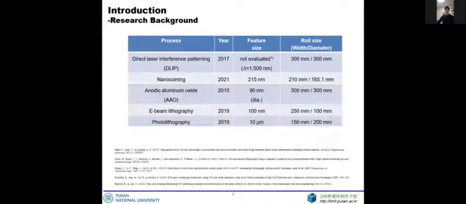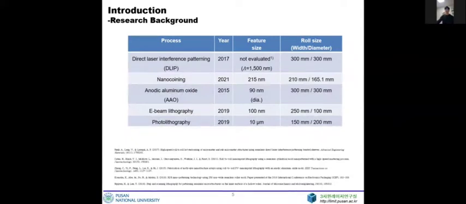Of course, various research has been conducted on seamless cylindrical mold fabrication. Various approaches such as laser ablation, nanocoining, and lithography have been suggested for this goal, but they have their intrinsic limitations.